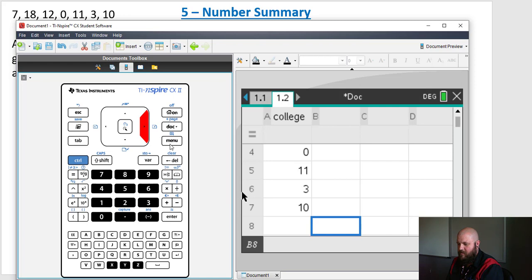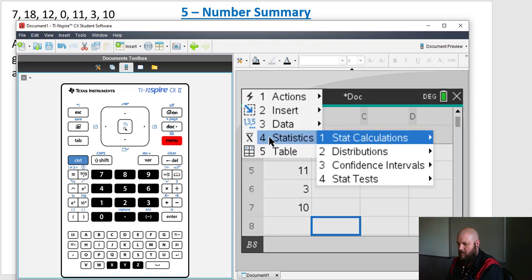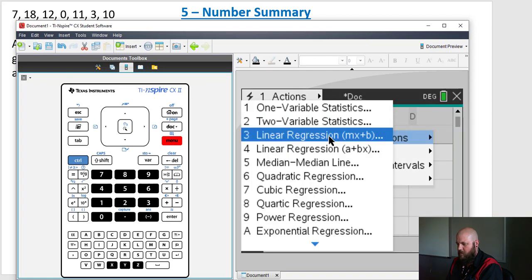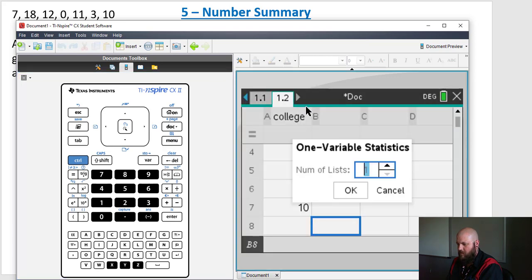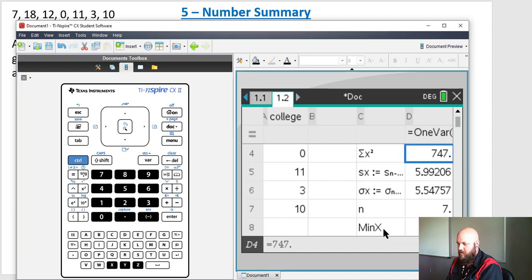So then let's go to menu 4, 1, 1. So menu 4, 1, 1. And our list value that we want to use is our college. And all the rest of this can stay the same. The results just will be in the C column. Okay.